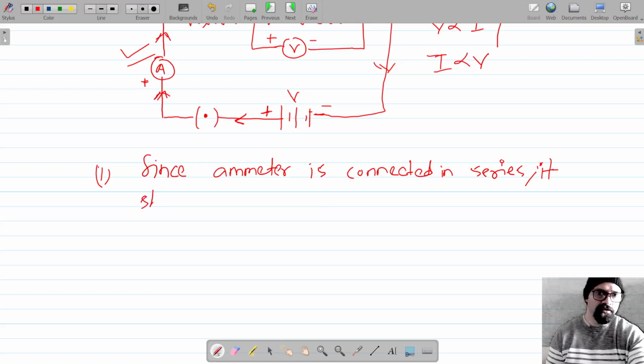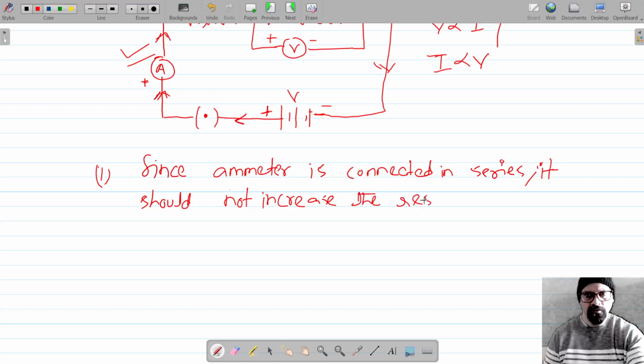So it is connected in series, but it should not increase the resistance of the circuit. We cannot take it out of the series, but instead we can make it so that it has low resistance. So it should not increase the resistance of the circuit.